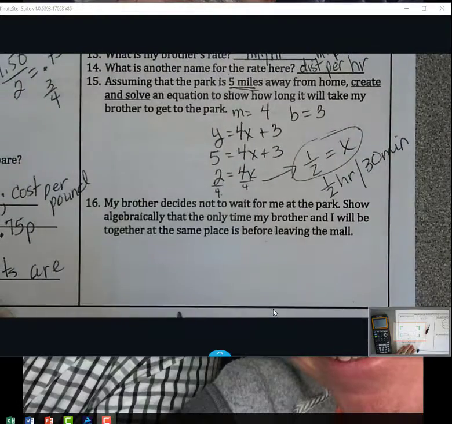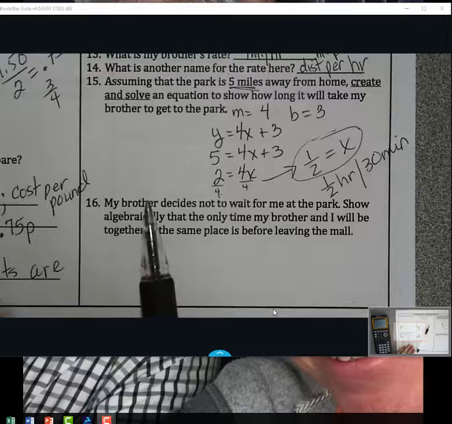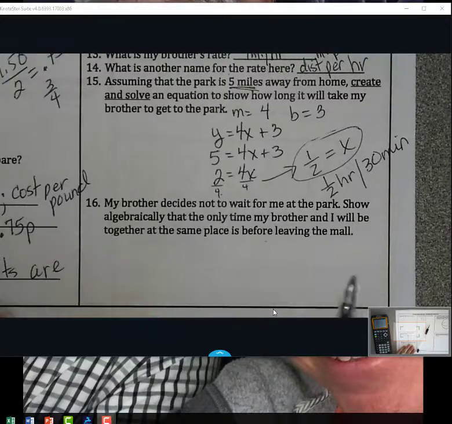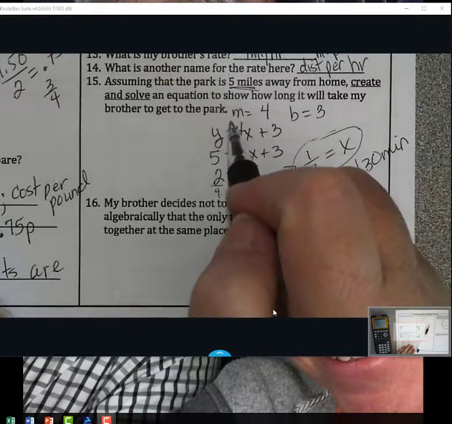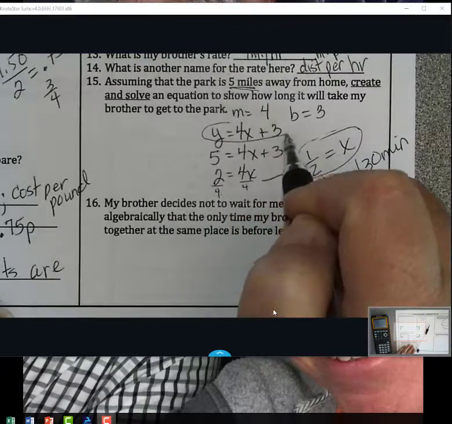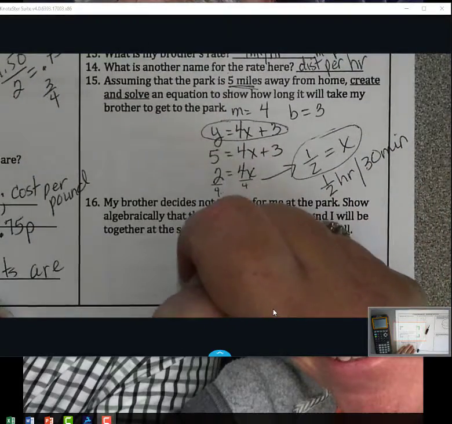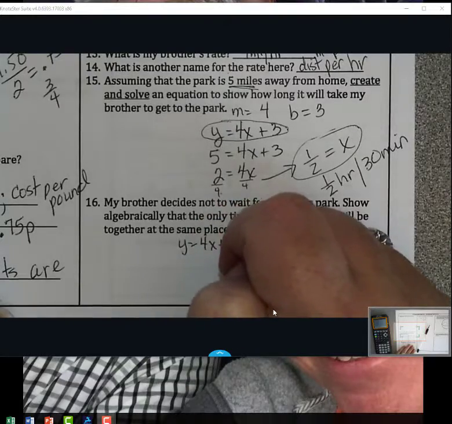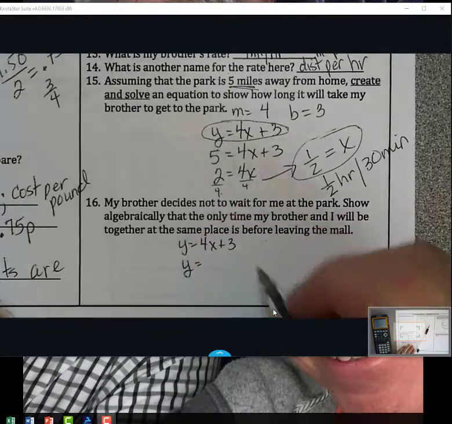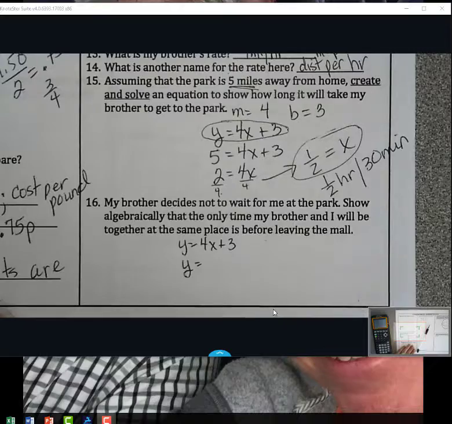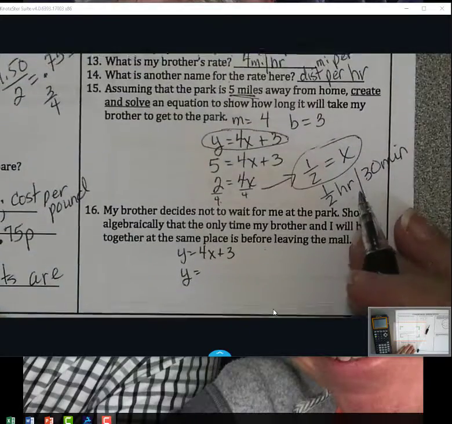Oh, okay. So what we need to do is set up a system of equations, setting the equations for each person equal to each other. And we already said that for the brother, his linear equation is y equals 4x plus 3. We also need to figure out what it is for the I or the me in the story.